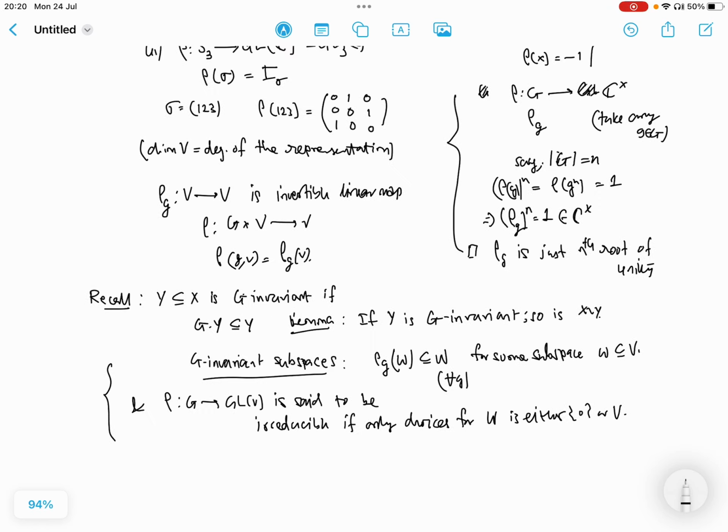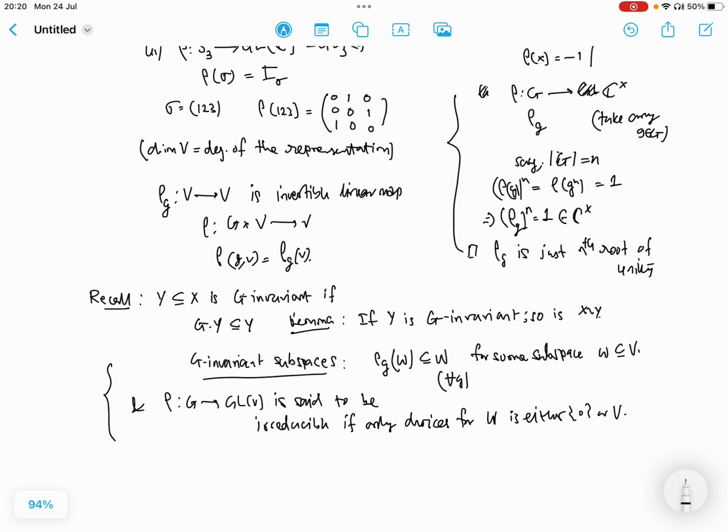One thing you should notice here in this second example: whatever element you choose from S3, the sum of the rows and the columns will always remain the same. That is one, right? Because you were just permuting the columns of our identity matrix.